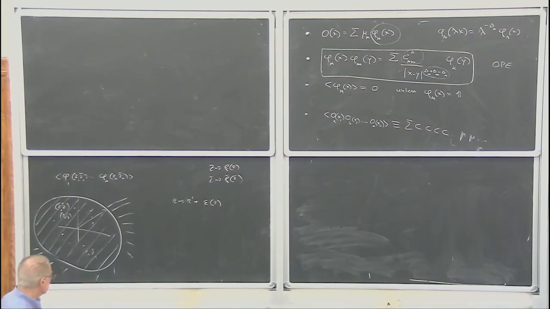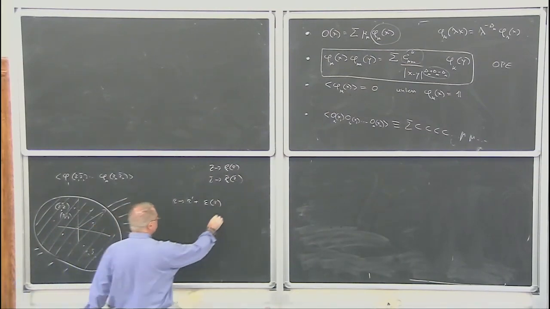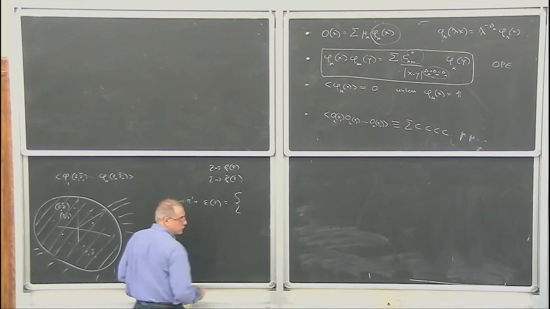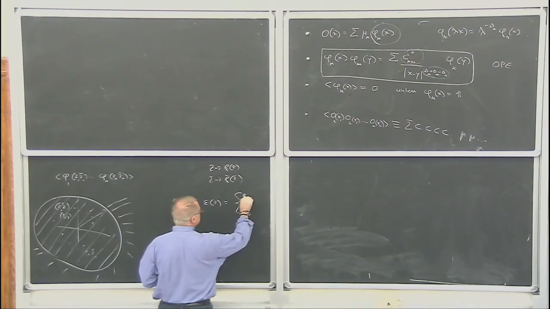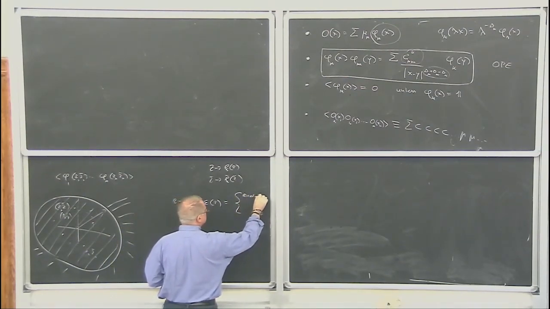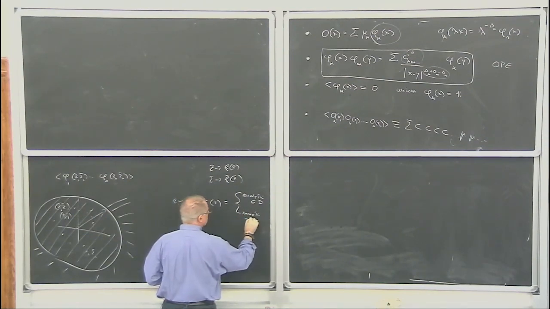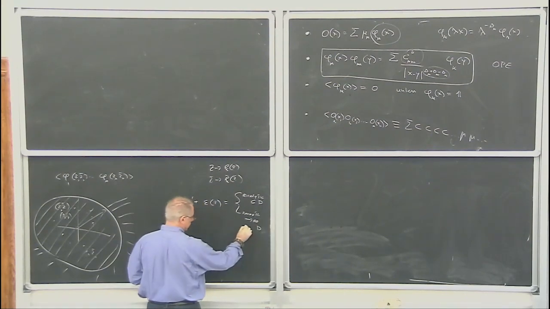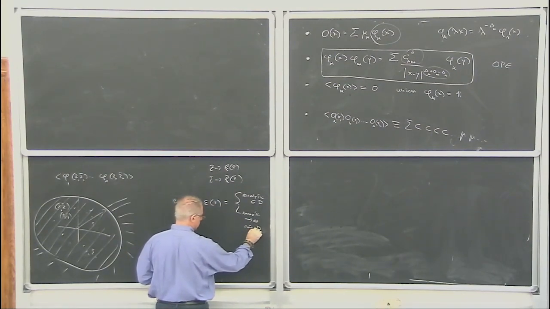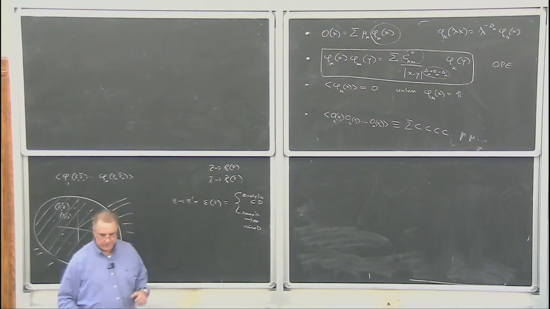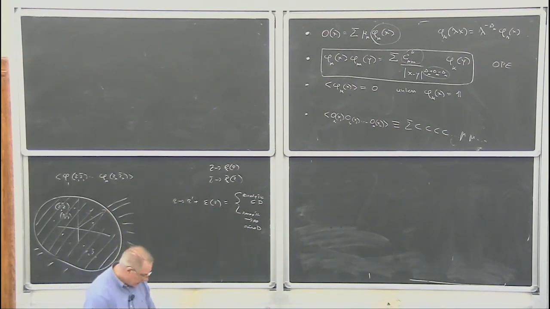So this transformation is a patchwork: an analytic function inside the disk, and outside the disk it goes to 0 very, very rapidly.